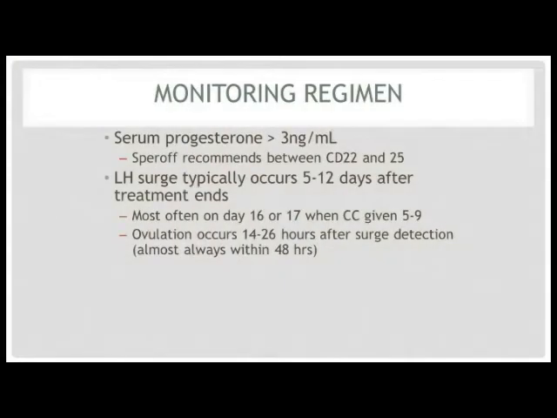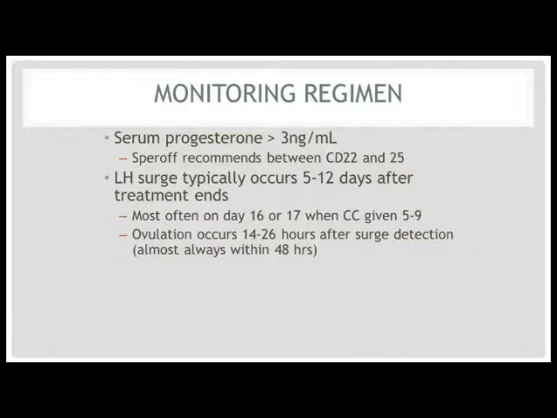And typically, what we do in our office is we have them come back for an ultrasound, probably days 13 through 15, to see if they're developing a follicle. Conversely, you can have them use those LH kits, luteinizing hormone kits, the ovulation predictor kits, starting usually cycle day 10, and if it's positive, they have intercourse the next 3 days.